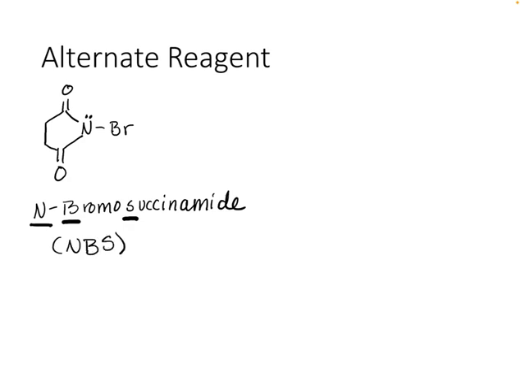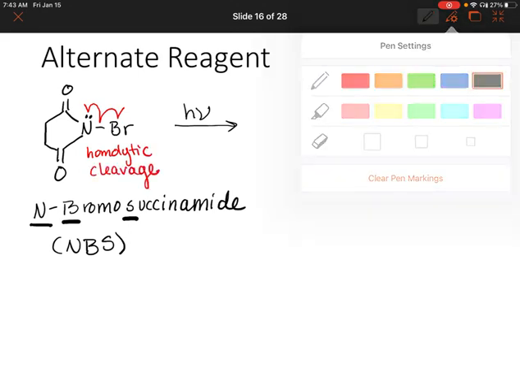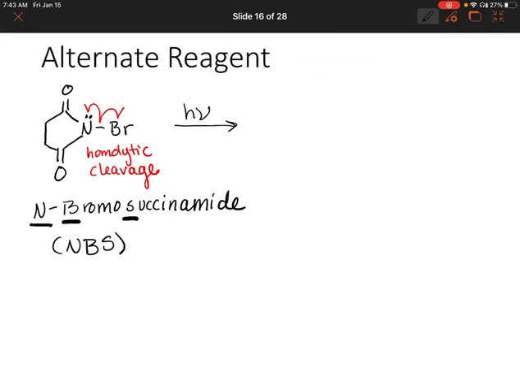So if we use this reagent and add some light, so remember we would probably use a mercury lamp, we end up forming a bromine radical. So the bond between nitrogen and bromine is going to homolytically cleave. So we'll write here homolytic cleavage. And again, that's just due to the energy from the light that we're providing.